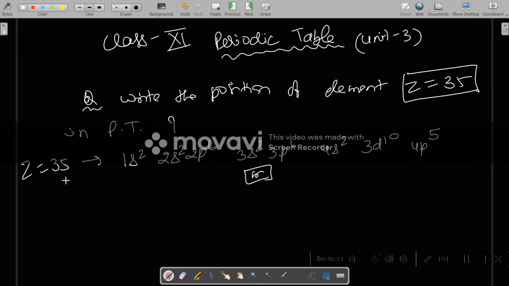Helium, neon, argon, krypton. Just count on your fingers. The atomic number of helium is 2, then 10, then 18. Helium is 2, neon is 10, argon 18, krypton 36.